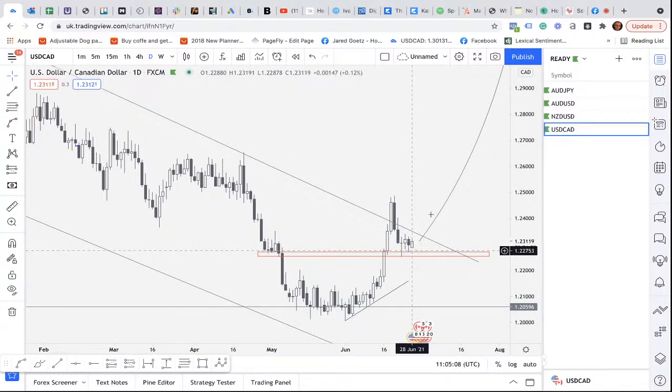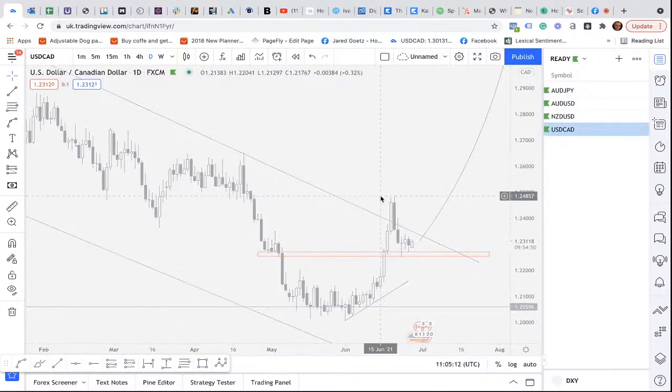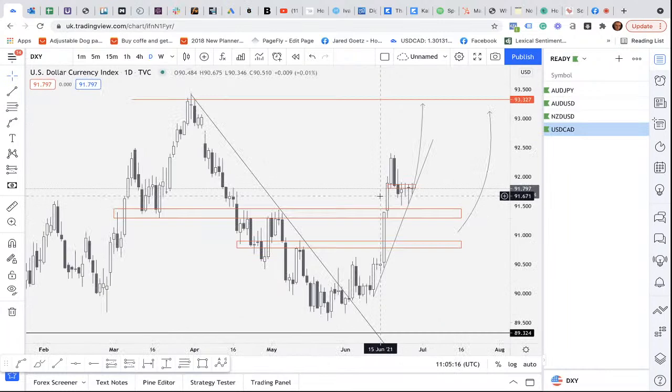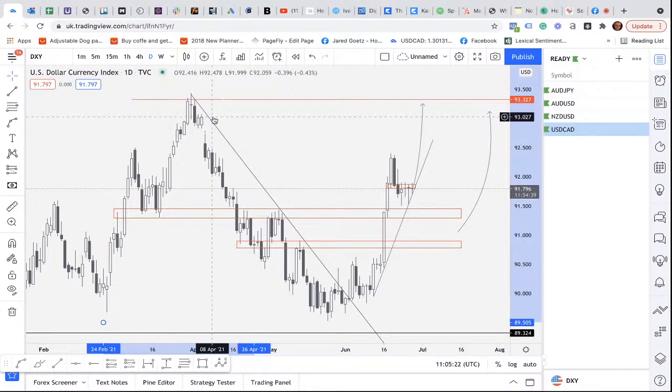Now, if we go to the dollar index, it is going to show you, for me anyway, quite good telltale signs that we are going to reach 93.327.